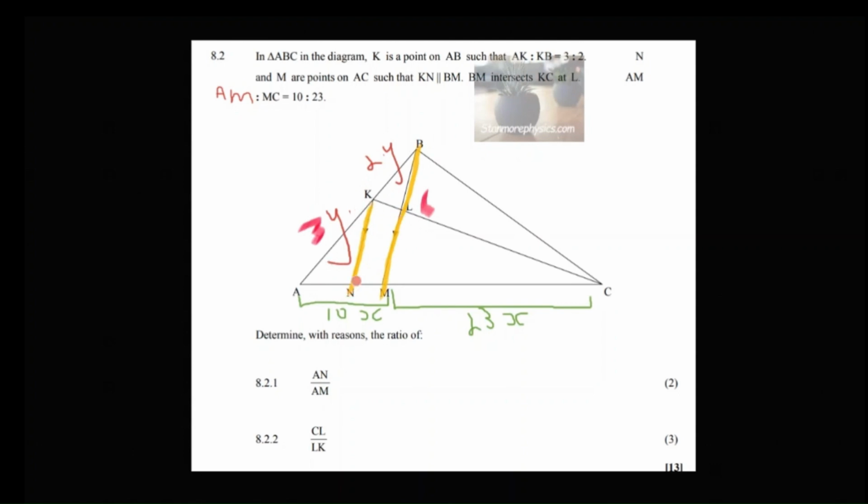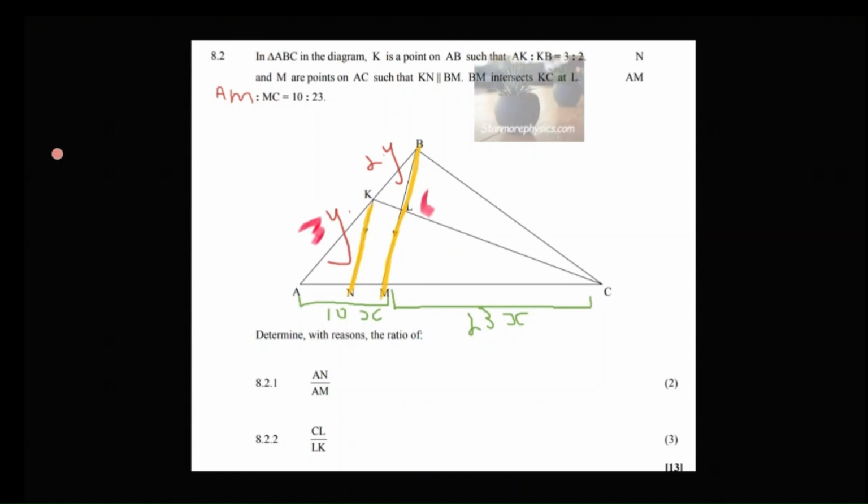If one line is parallel to a line segment, and that line segment is made up of other line segments, then that line is going to be parallel to those segments as well. So in this case, KN is parallel to BM, but BM is a line that consists of LM as well. So KN will also be parallel to LM. That's important to remember.